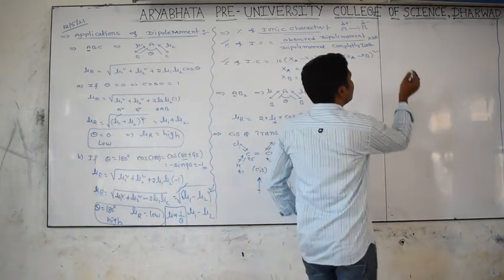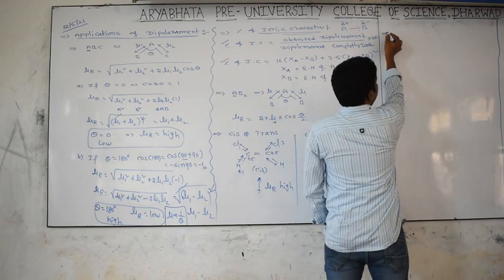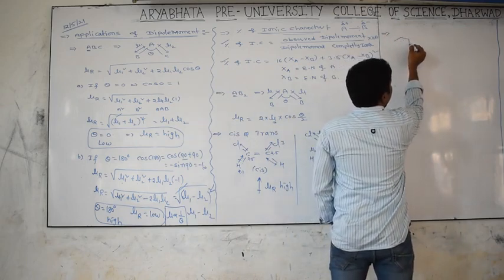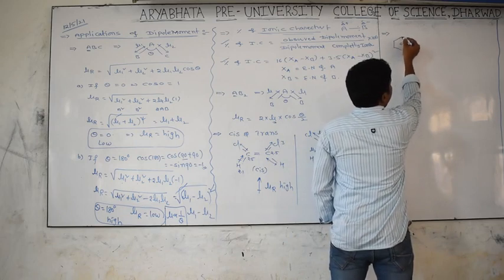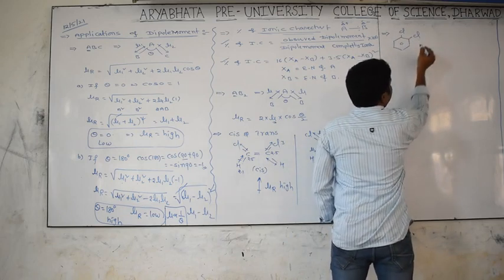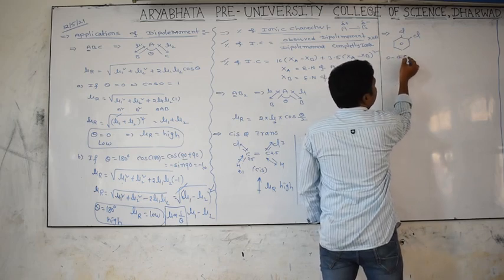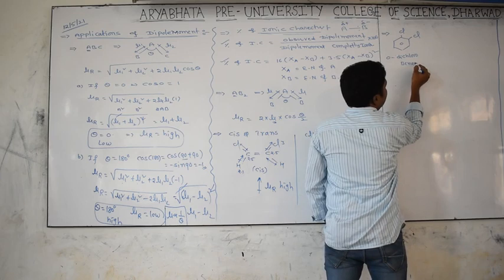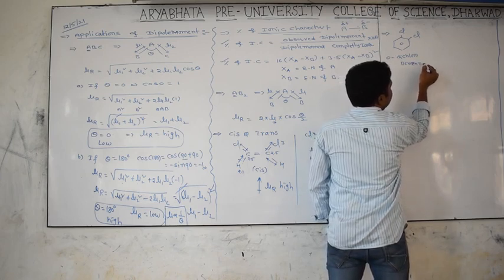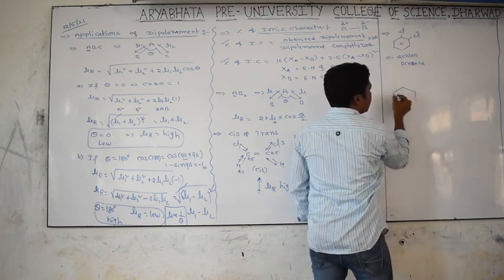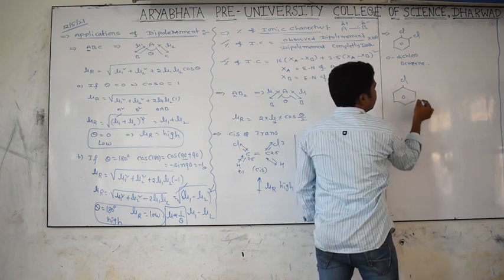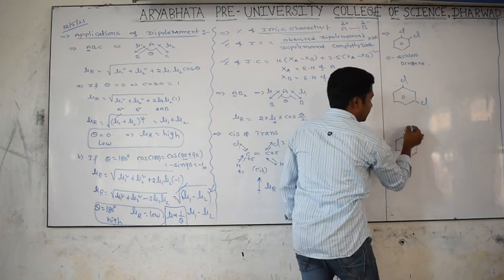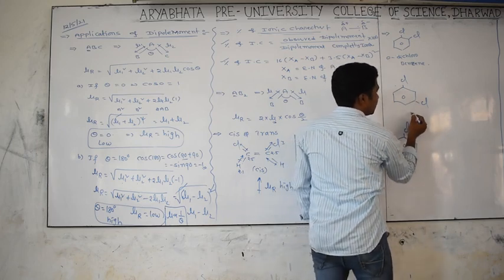I want to tell you one more thing. In case of isomers, for example, I am taking, listen carefully, chlorine. What is the name of this one? Orthodichlorobenzene. And I will take metadichlorobenzene, and another one is paradichlorobenzene.